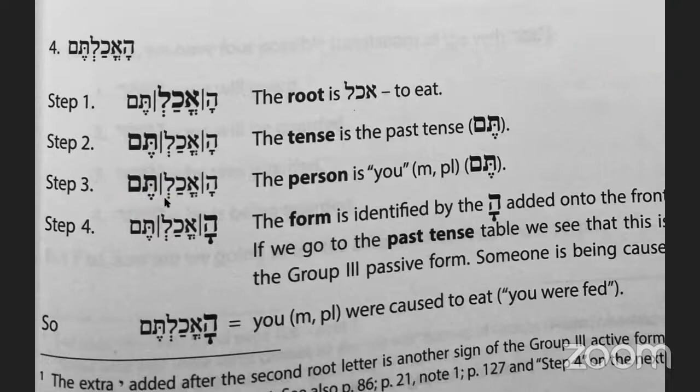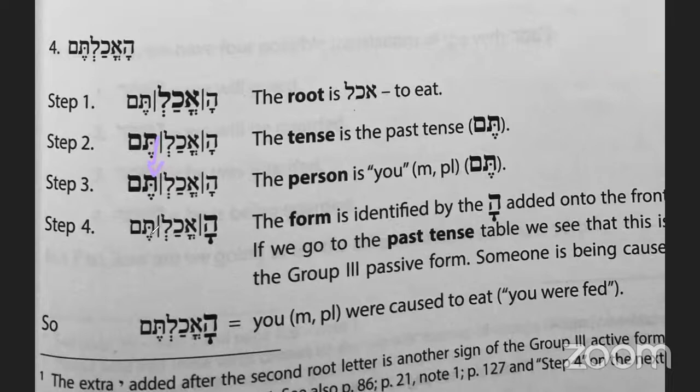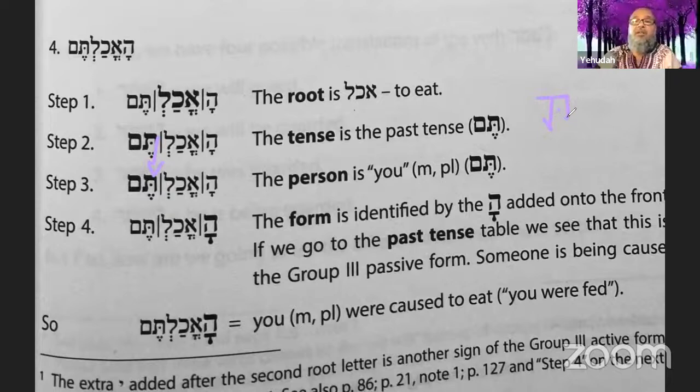Because of the tav. It's past tense. Remember, the tav can be in the front, right? And it's you. And that you could be singular or it could be plural when it's on the end of a verb. These will not be on the end of a noun. They're only going to be on the end of a verb.